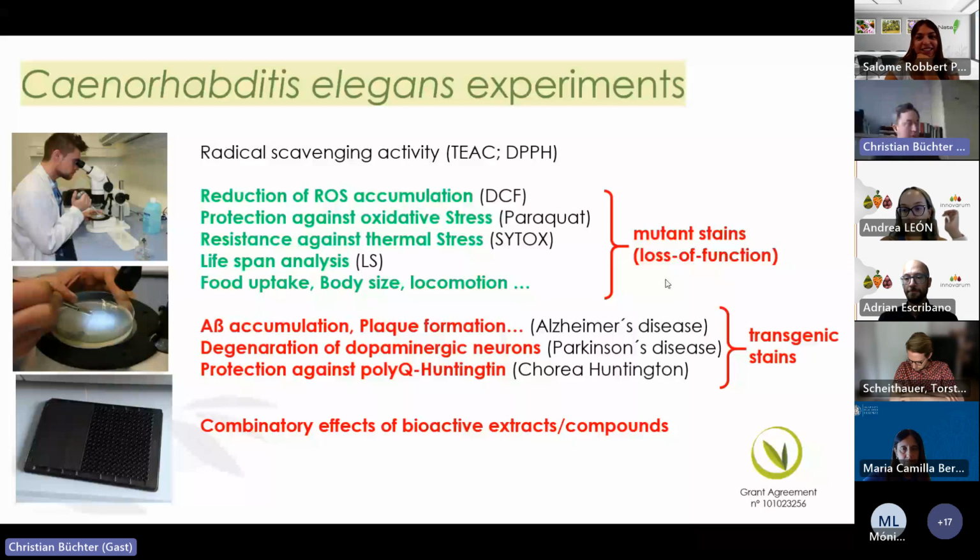So we use some different experiments to, for example, investigate the influence on intracellular accumulation of reactive oxygen species.